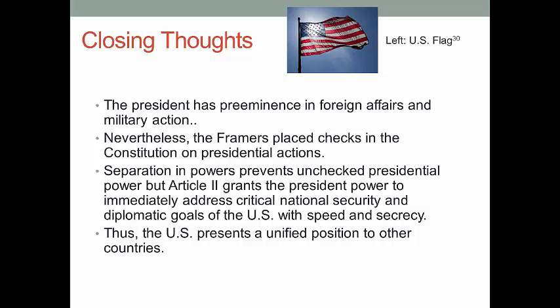Separation in powers is designed to prevent unchecked presidential power, but still allows the president to immediately address critical national security and diplomatic goals of the U.S. with speed and with a unified diplomatic voice to other countries.